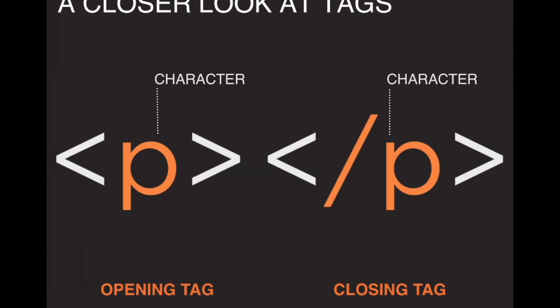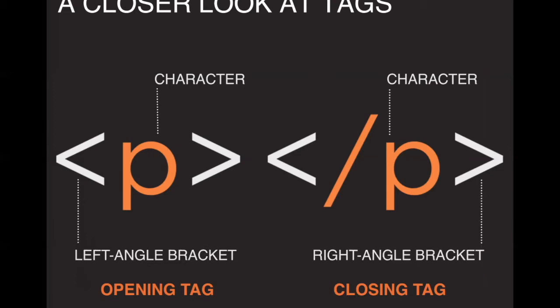The difference between opening and closing tags is just simply this little backslash here. Otherwise, the character and the structure is the same. And these enclose content and control how that content behaves or maybe looks. So we have our left angle bracket, right angle bracket, and the slash indicating that it's a closing tag.